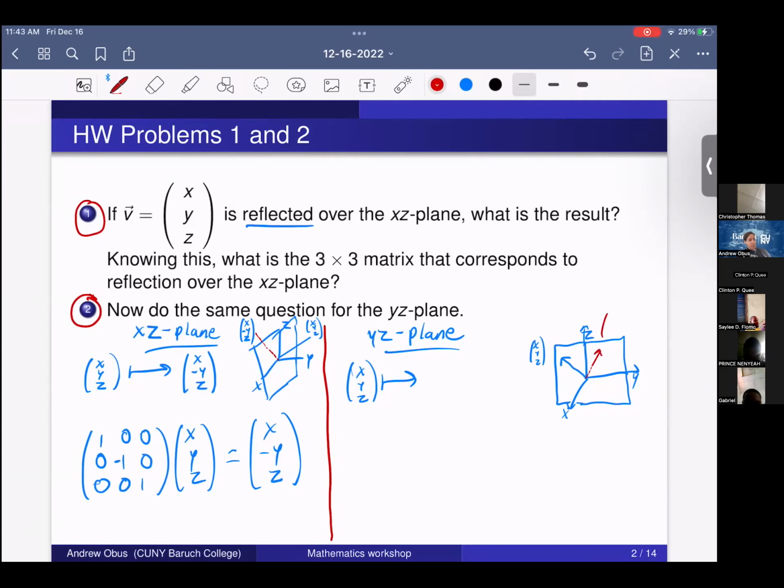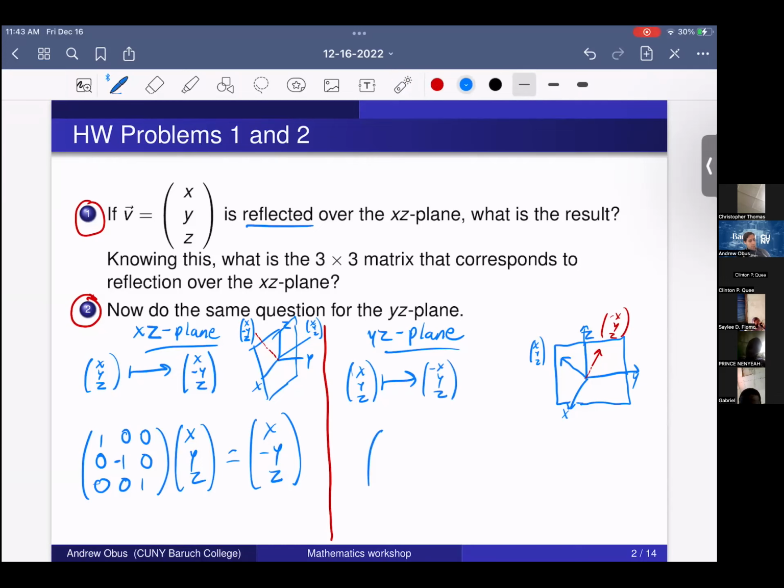And this is going to be its reflection. And what's going to change? Well, the Y and the Z coordinates stay the same, but the X coordinate is now going to change because it's now kind of pointing into the board. So this is going to be negative X, Y, Z. So X, Y, Z is going to go to negative X, Y, and Z.